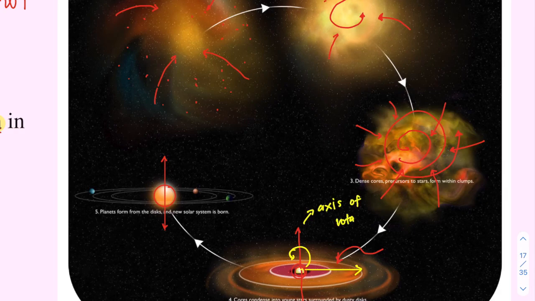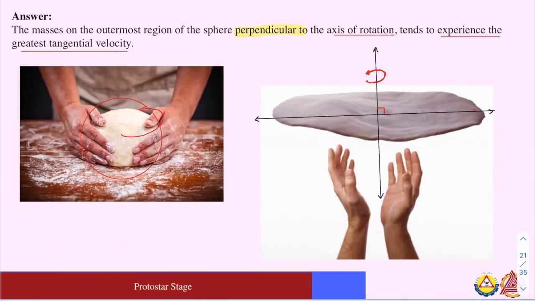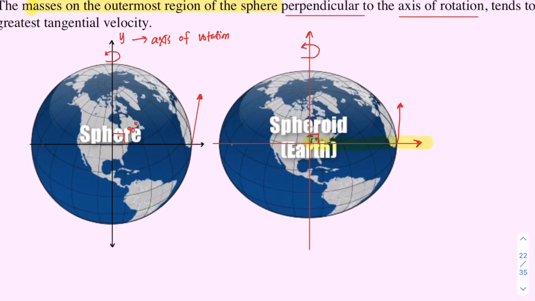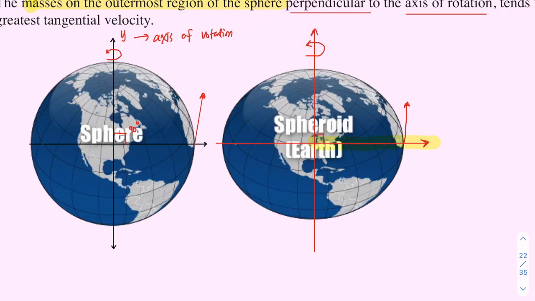Just like our Earth, it is not a perfect sphere, but rather an oblate spheroid. The bulge of your Earth, that oval-like shape in your equatorial region, is there because the equatorial region is the area perpendicular to your axis of rotation.